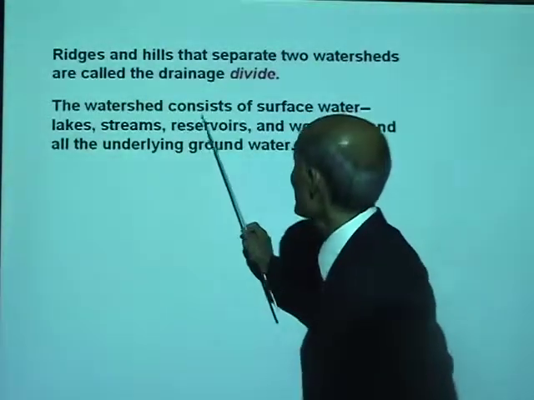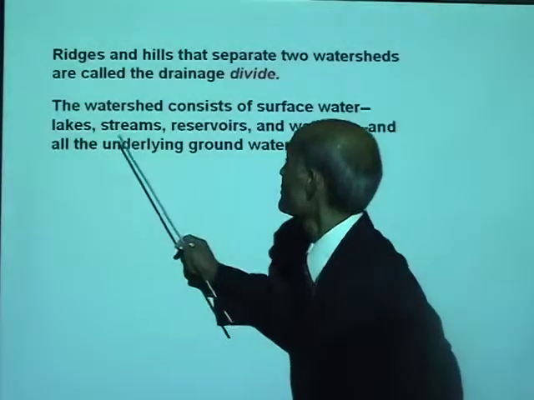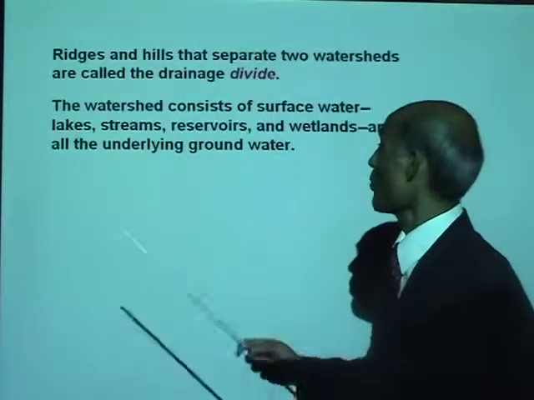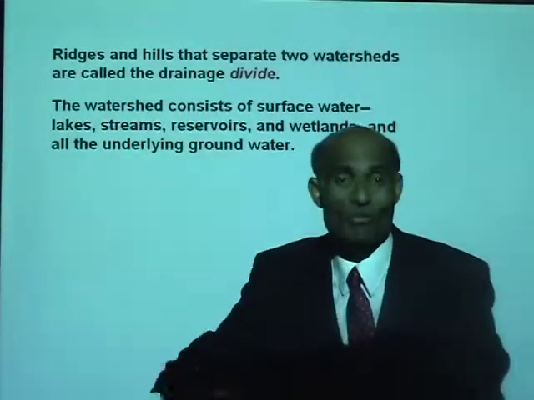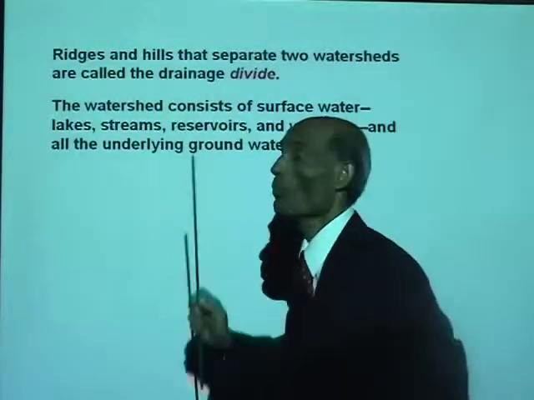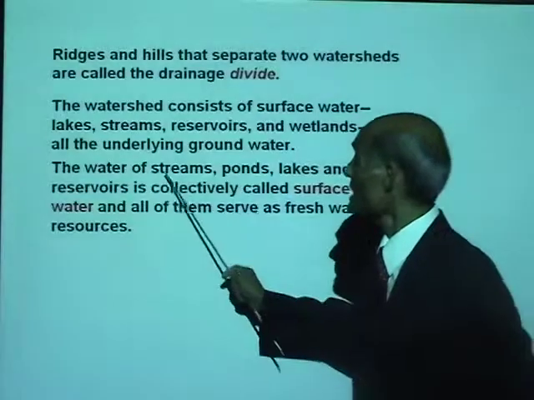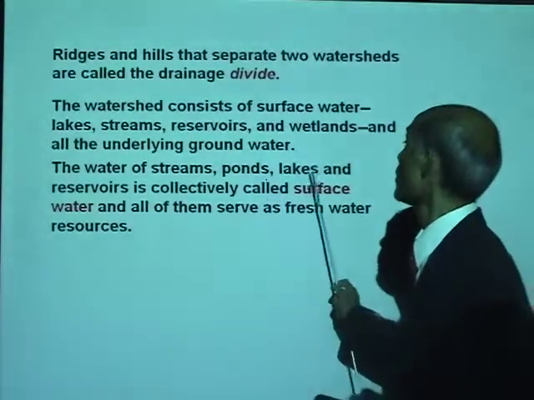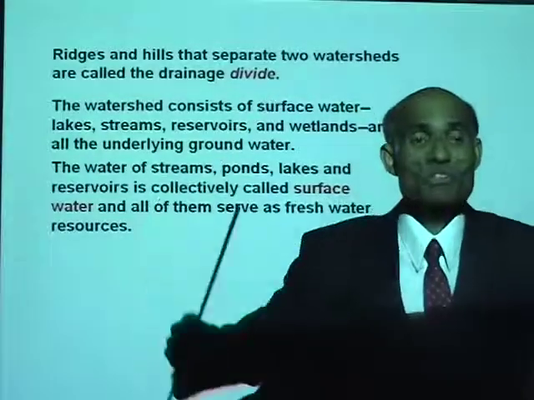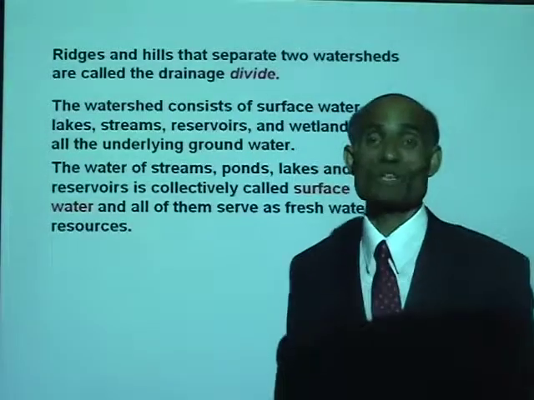Now, the watershed consists of surface water, lakes, streams, reservoirs, and wetlands, and all the underlying groundwater. All that constitutes a watershed. The water of streams, ponds, lakes, reservoirs are all put together, collectively we call the surface water.